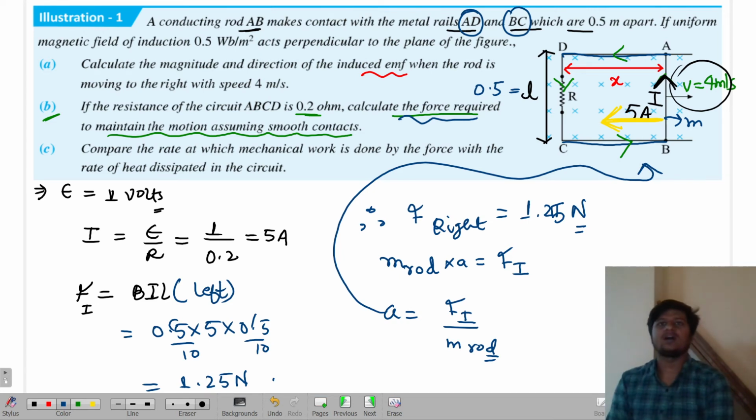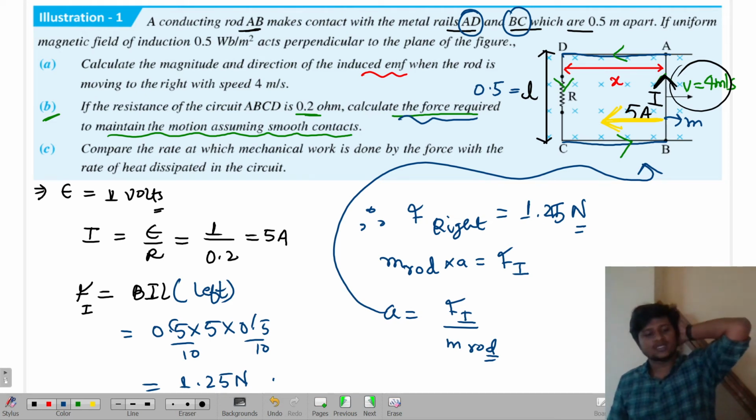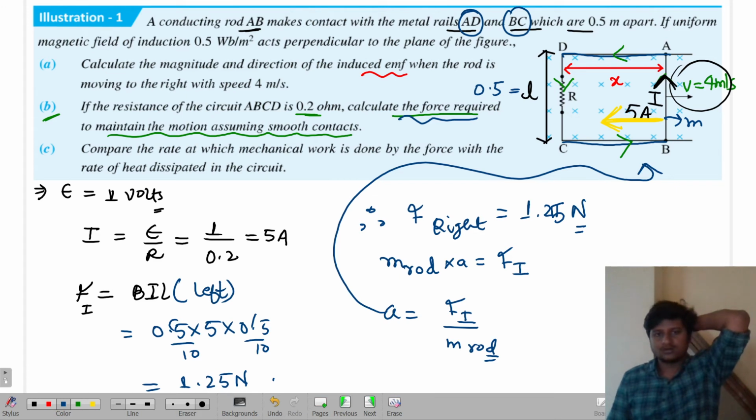Why? Because there is an opposite force acting on it. Got it or not? So first case is there. Every time whenever there is a constant velocity, acceleration is 0. But here constant velocity is there, but acceleration is not 0. Got it or not?